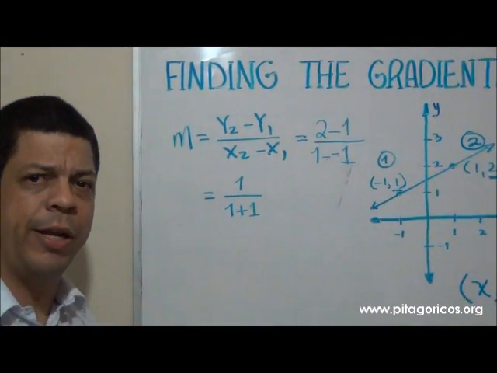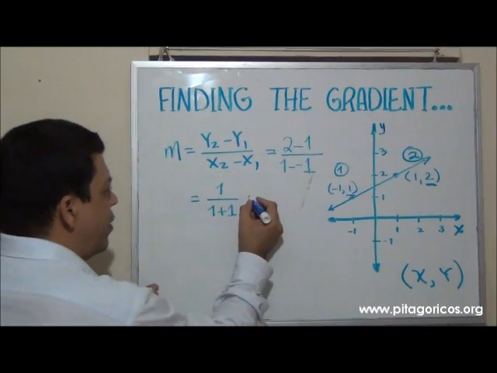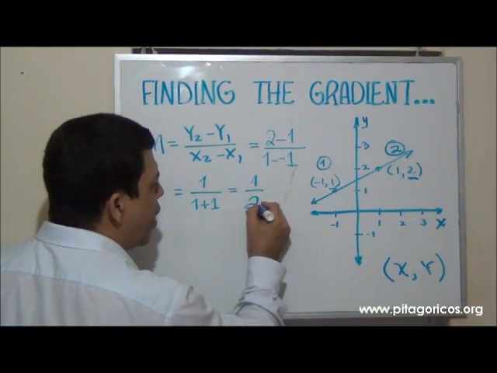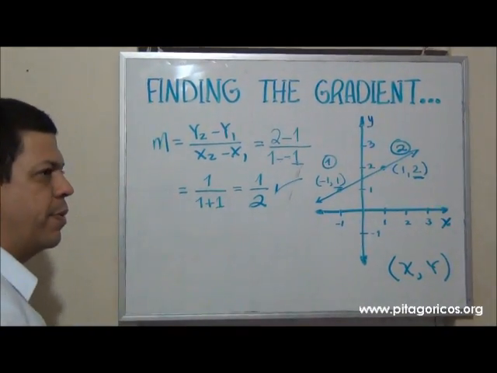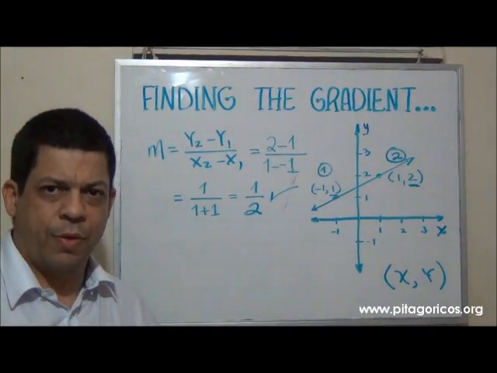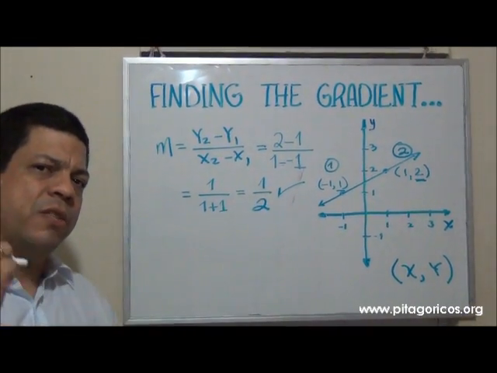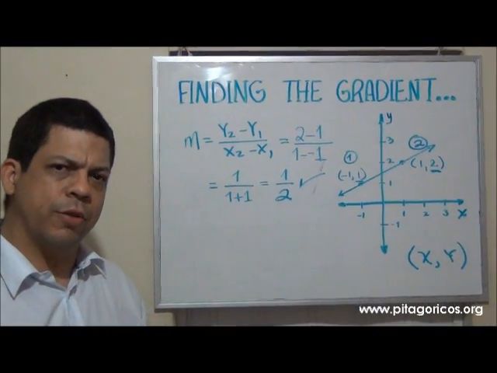You have to have this very clear at this stage. So this would be 1 divided by 2, and as you see, I got the same answer. So again, as a conclusion, whenever you're given 2 points, it's very simple to find the gradient.